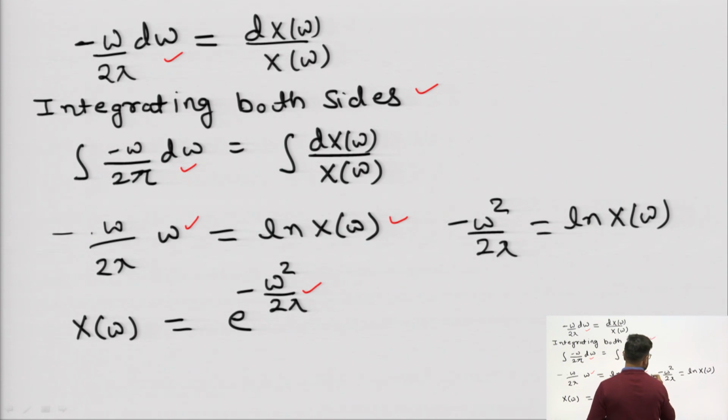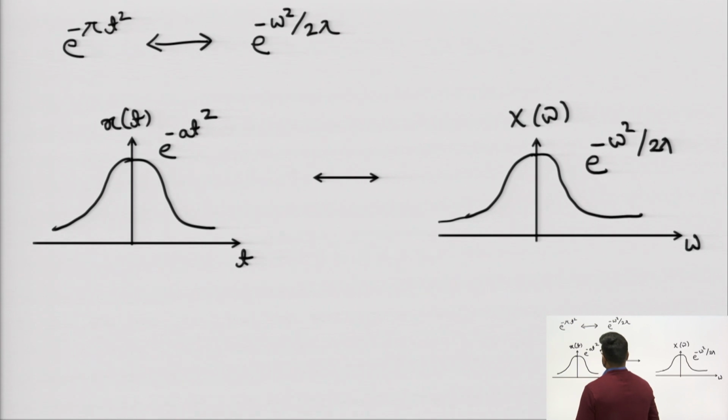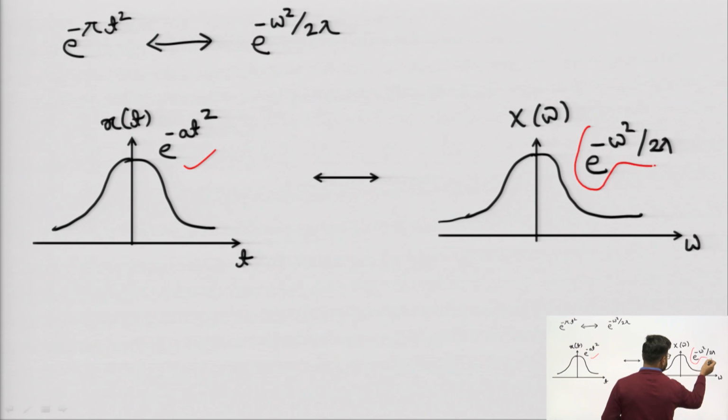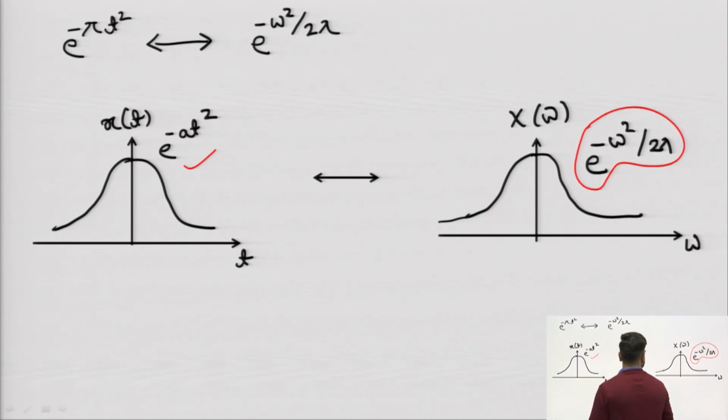So, e to the power minus pi t square has a Fourier transform e to the power minus omega square by 2 pi. So, if x t is a Gaussian signal, its Fourier transform is e to the power minus omega square by 2 pi, which has the same curve.